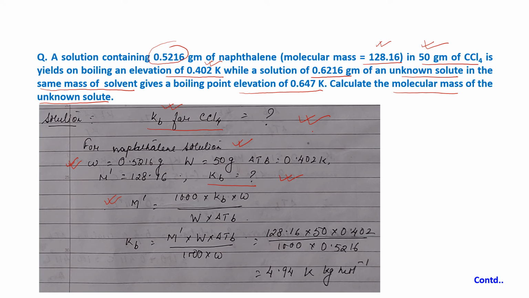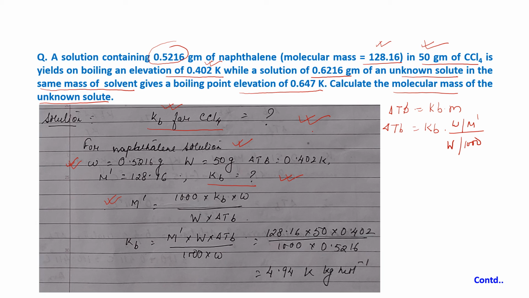Now from where we have got this formula, I already showed you, but again I am showing it here. You know the formula, delta TB is equal to Kb into M, where M is the molality. Now delta TB, I can write in this way: Kb into small w by M dash, that is the number of moles of the solute, divided by capital W divided by 1000, the mass of the solvent in kg.